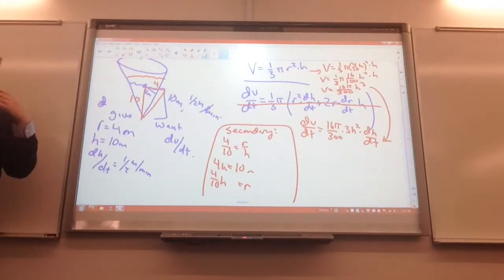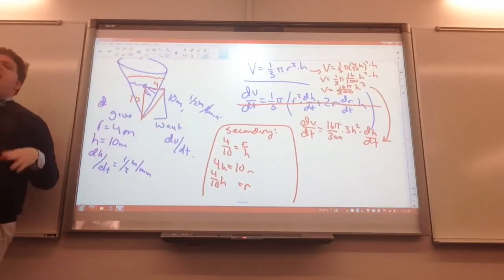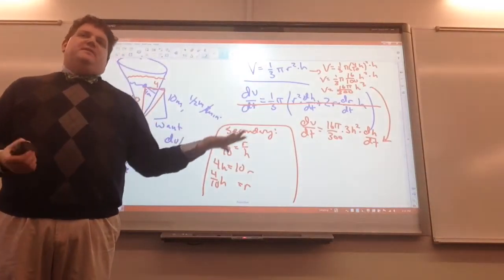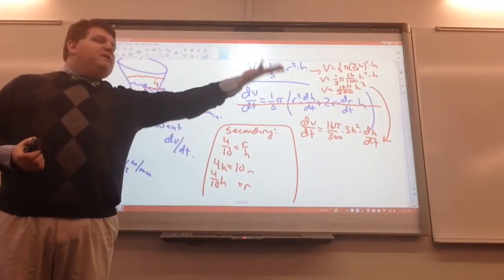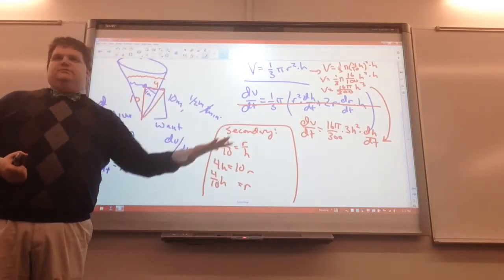Remember, this is nothing more than implicit differentiation. Anytime you take the derivative of anything when you're doing things implicitly like this, you always tag on the end of it a d of whatever over dt.